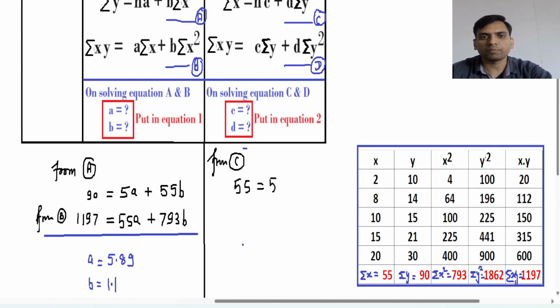N is number of pairs, this is 5 in this case. And you need to find C and D. Summation y is 90, so this becomes 90D.